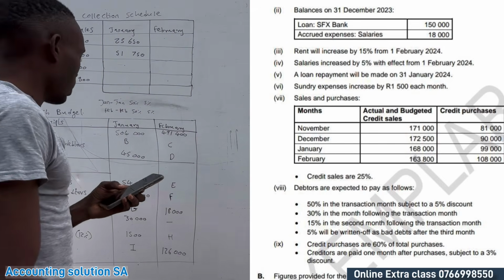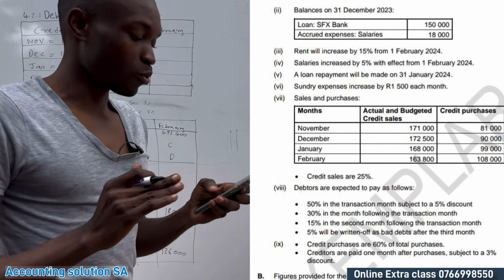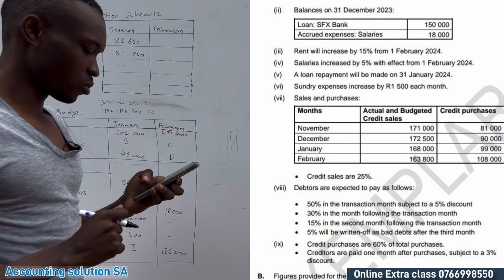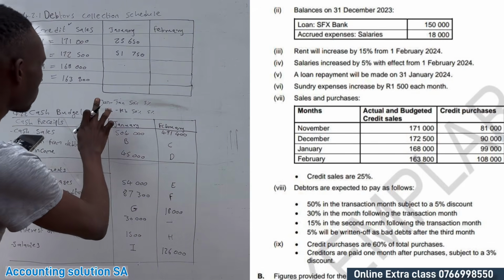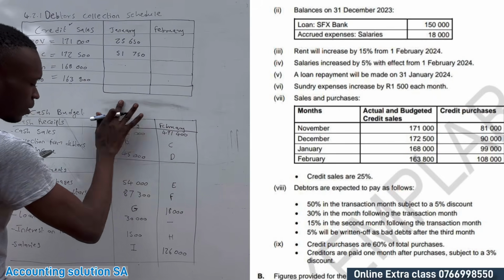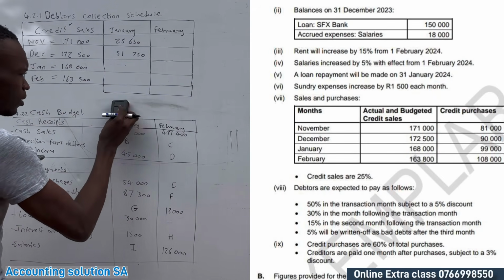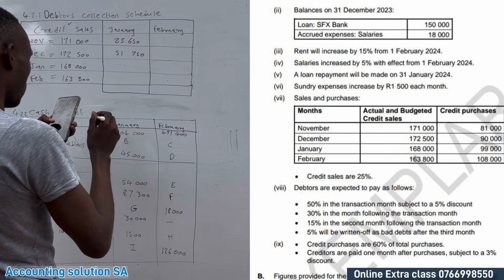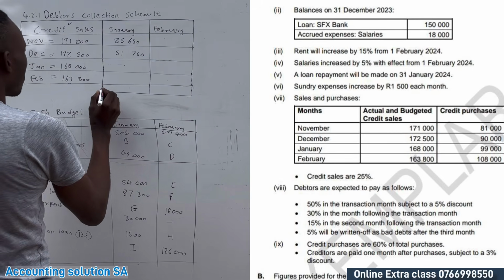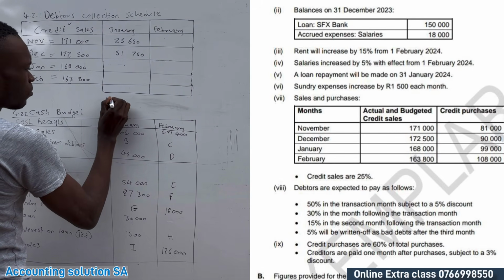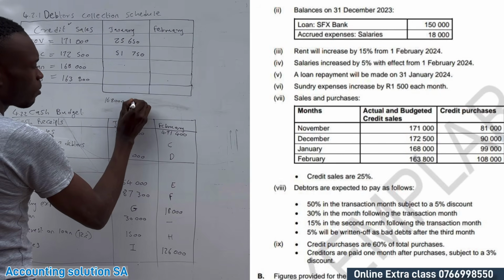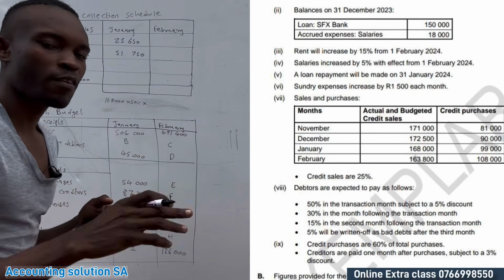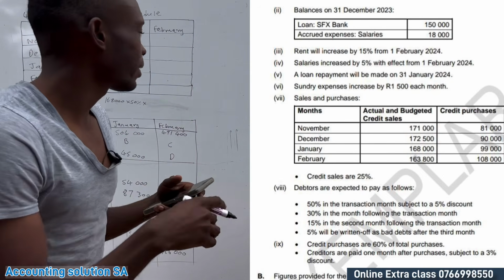Now let's calculate these first two, January versus January. Then we're going to do the following month, and after that the 2 months. Let's start with January. The sales is 168,000, then we multiply by 50%, and we multiply by 95, because they said there's a 5% discount, which means we're only going to collect 95.